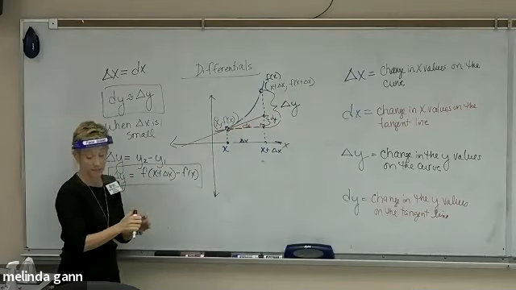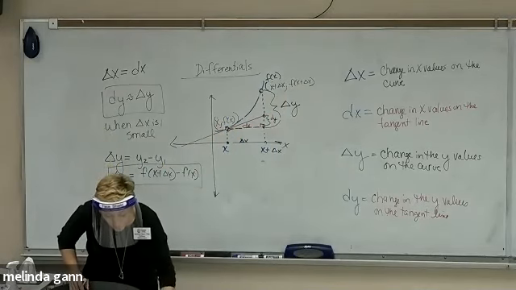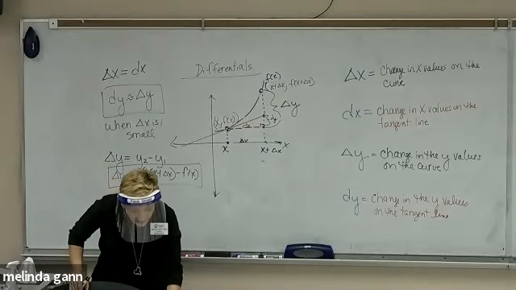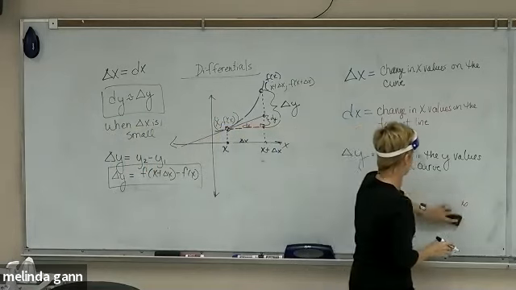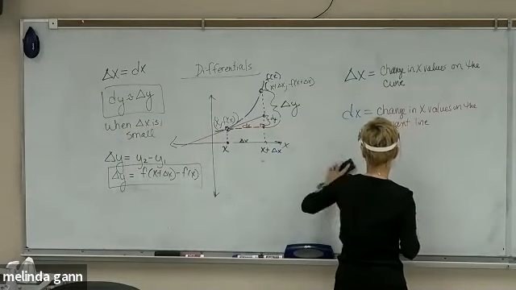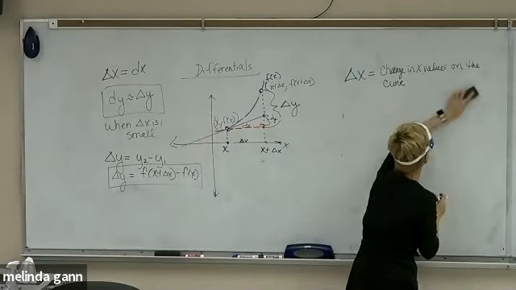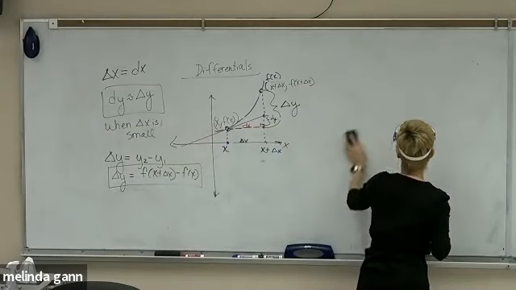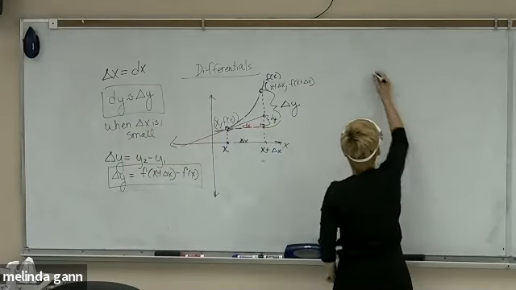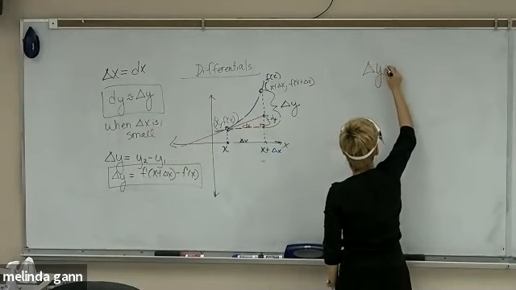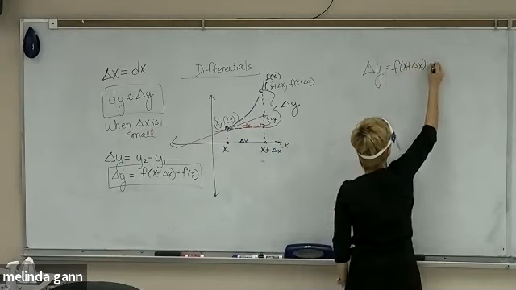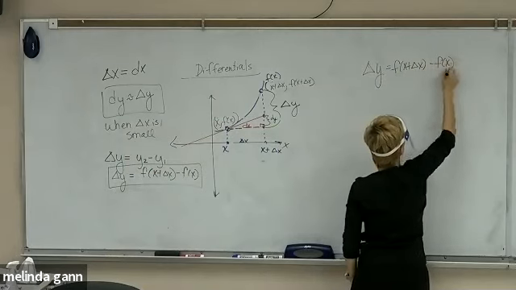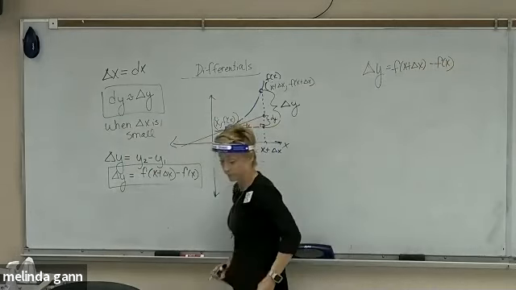So let's go look at something real quick. What they're going to want you to do at first is actually find some things. I'm going to write this formula down so we don't forget it. All right. So the change in y is going to be your second y value minus your first y value.